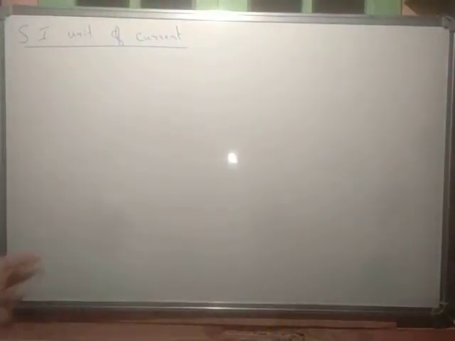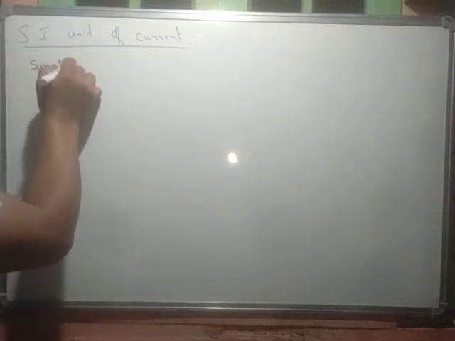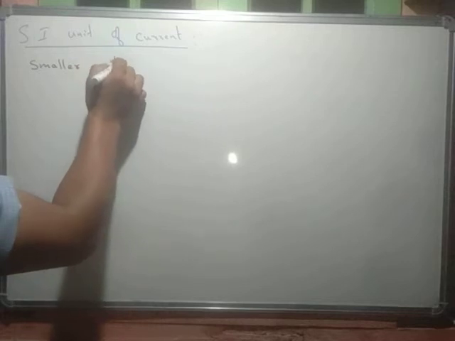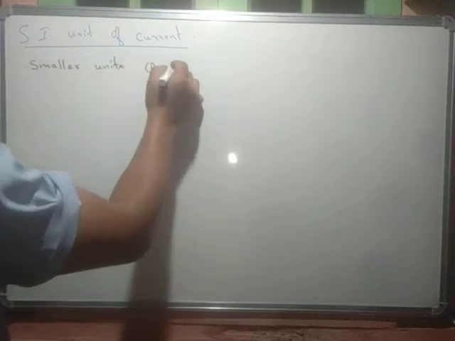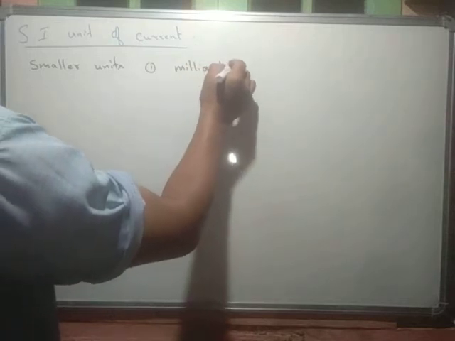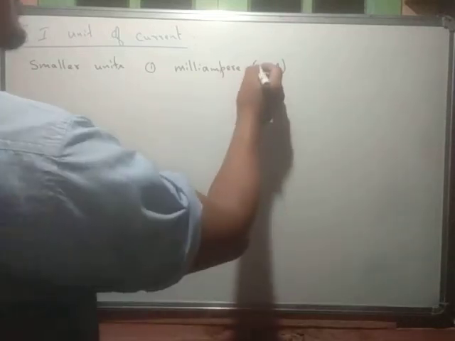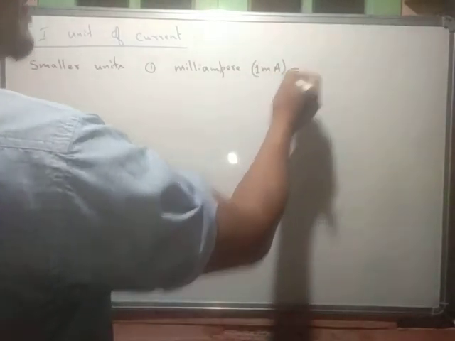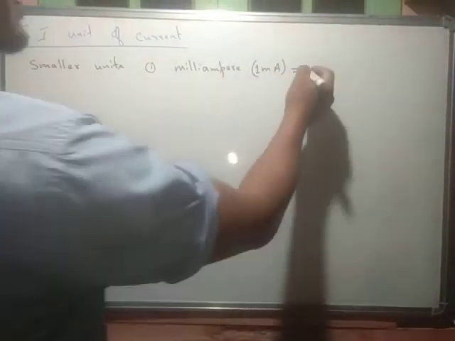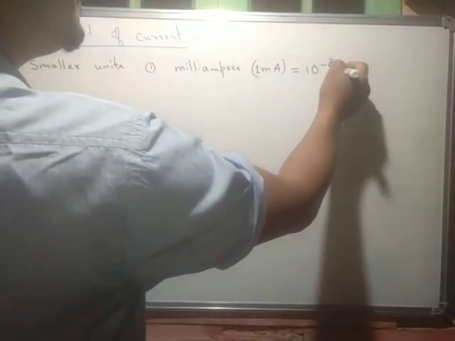If they are small currents, now we shall see the smaller units of current with which we measure. The smaller units of current are, number 1, milliampere, which we write as mA, and the relation of this milliampere with the SI unit is 10 to the power minus 3 ampere.